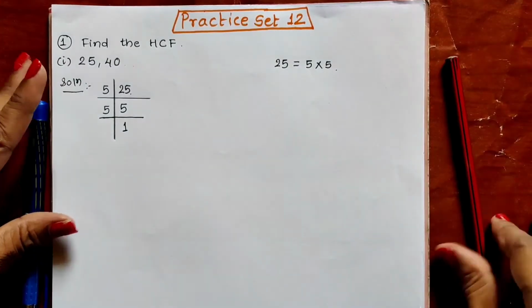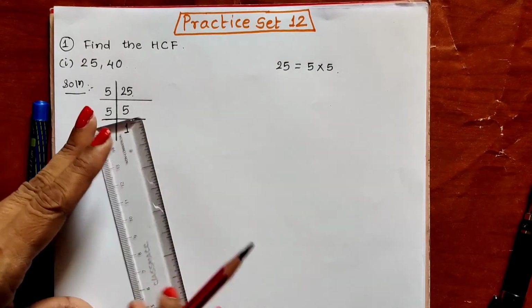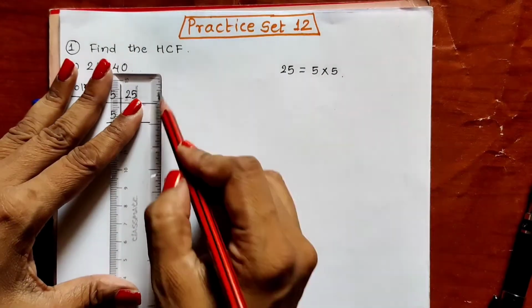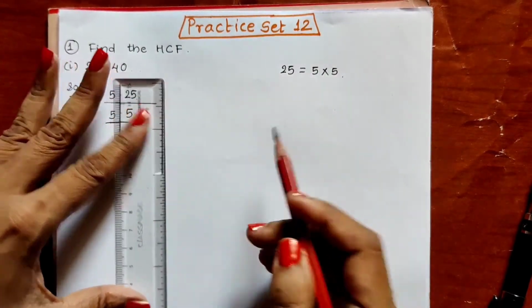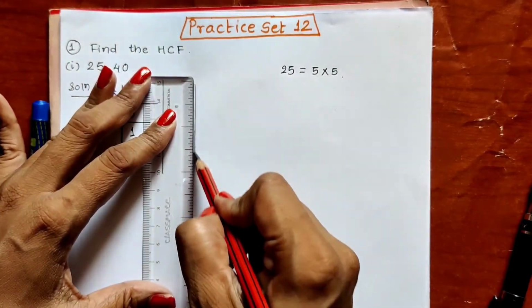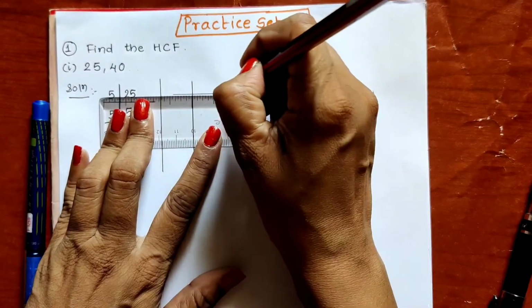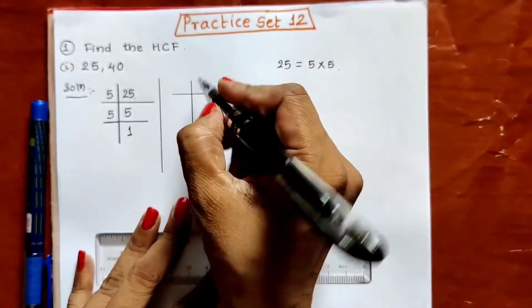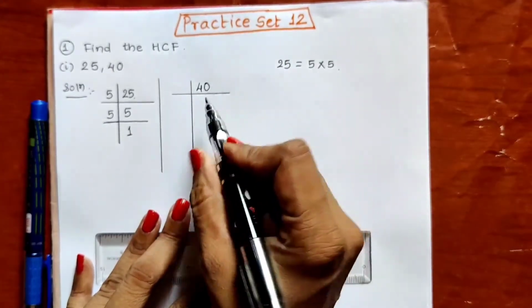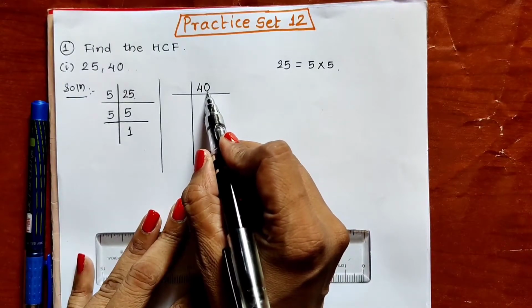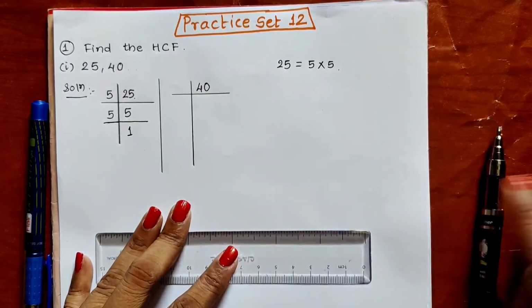Now let us see the factors of 40. Factors of 40, 0 is there in the unit place, so this number is divisible by 2.